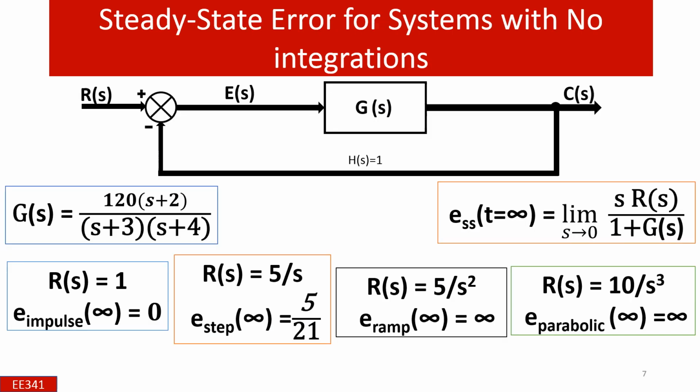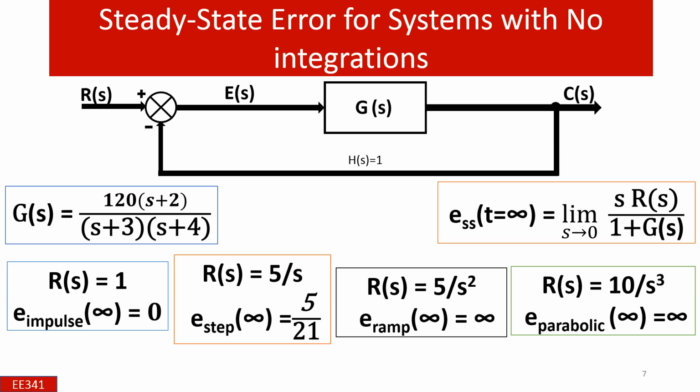slide. For example, this is the open loop transfer function G(s), which is a type 0 system. For impulse response, its error is 0. But definitely if we apply step, ramp and parabolic inputs, and especially ramp and parabolic inputs, the steady state error is undefined.